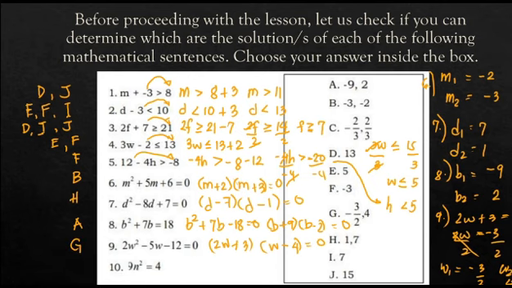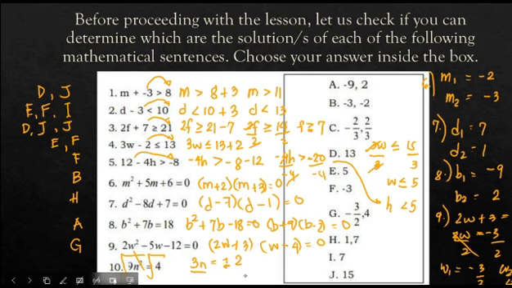And finally, we have 9n squared is equal to 4. We could actually use here the extracting the square root. We extract the square root of both sides of the equation so that the square will be cancelled. And then we have 3n, the square root of 9 is 3, and then the square root of n squared is n, equal to positive and negative 2, which is the square root of 4.